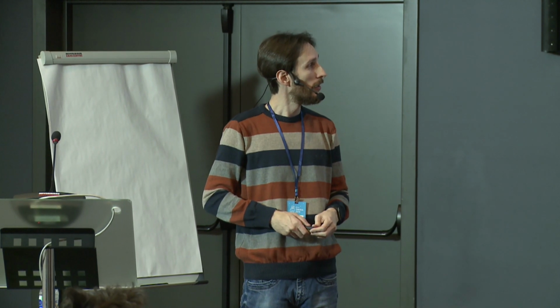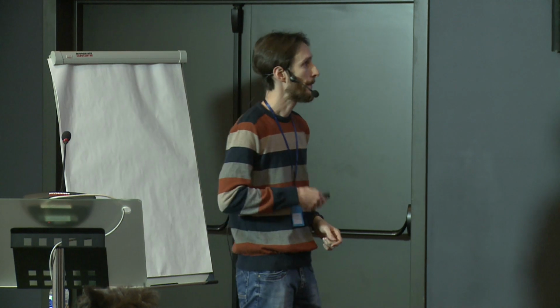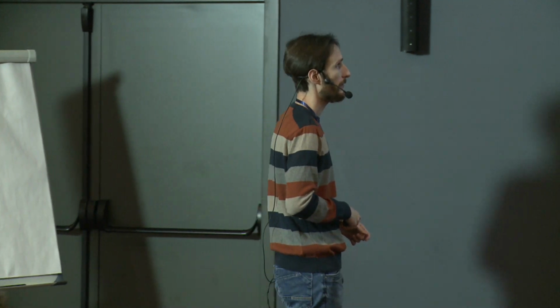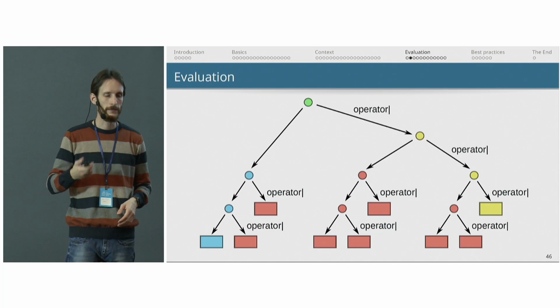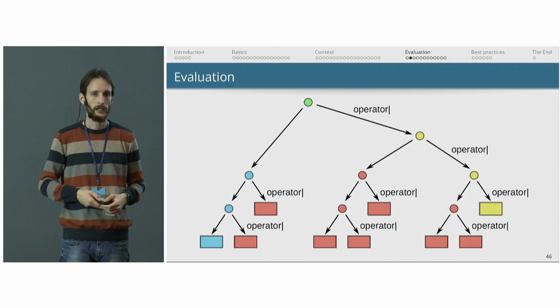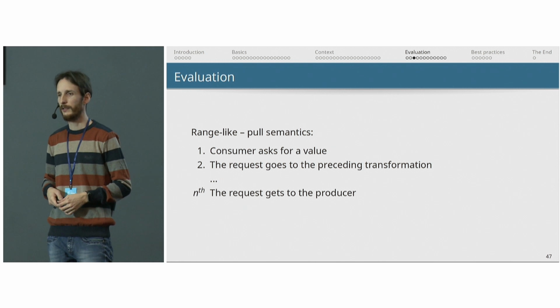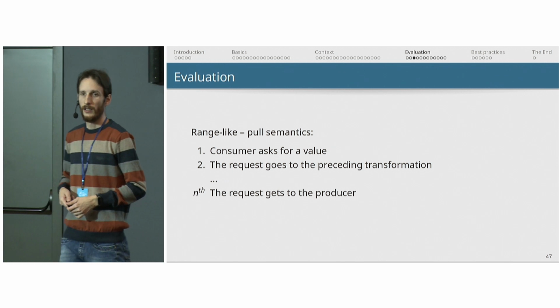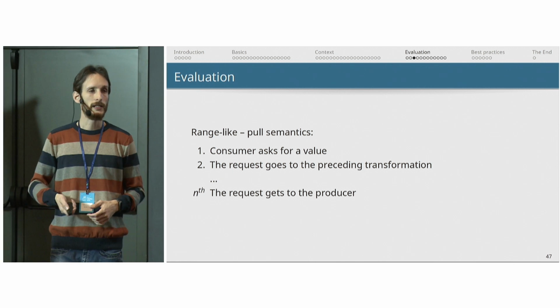So the question is, how can we evaluate an AST this complex? We have a tree, and we want to define a semantics for it. If we take the semantics that the range library has, it's something called pull-based semantics.